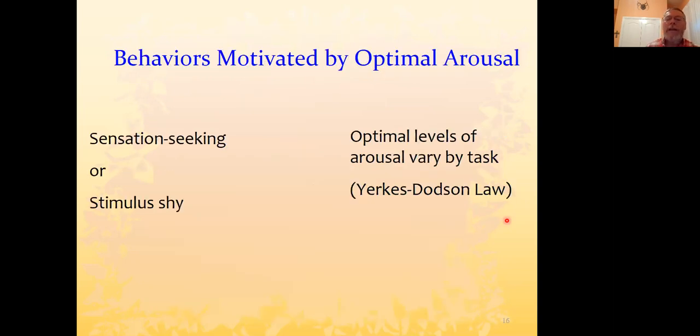So we can then look at individual differences in preferences for arousal. Some people prefer high levels of arousal, or at least higher than most people, and we'd say these people have a sensation seeking personality. They're going to seek out things that are stimulating.